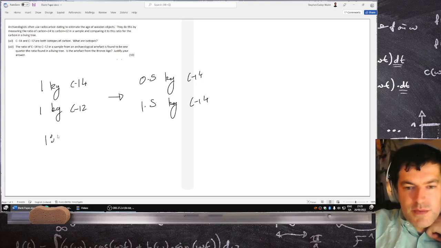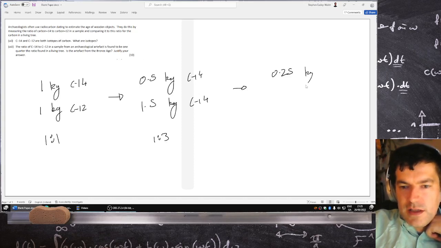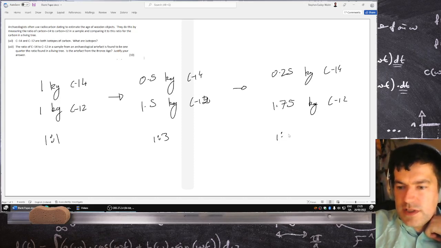So here the ratio is 1 to 1, and here the ratio is 1 to 3. And then you'd have 0.25 kilograms of carbon 14 and then 1.75 kilograms of carbon 12. That's 1 to 7.